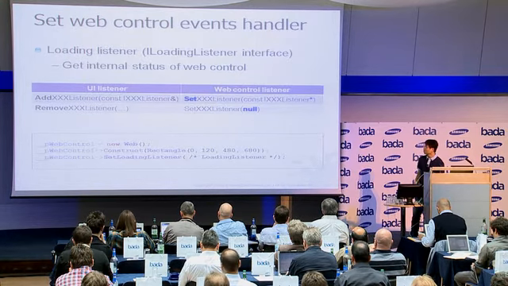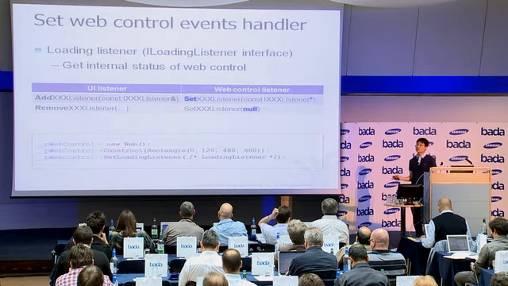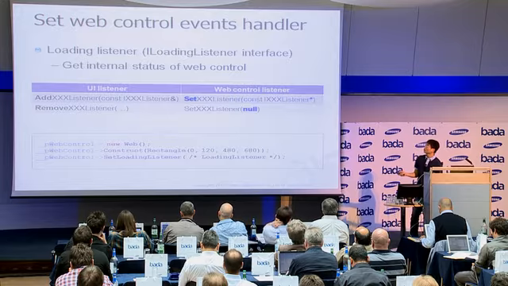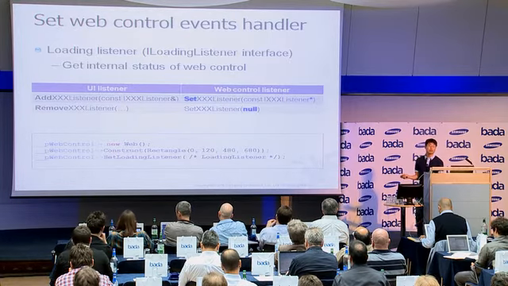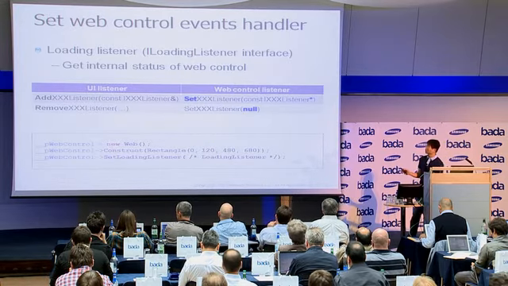Adding the listener is somewhat different from the general UI. The general UI listeners use the add XXX listener, but the web controller uses the set XXX listener. So why is this different?